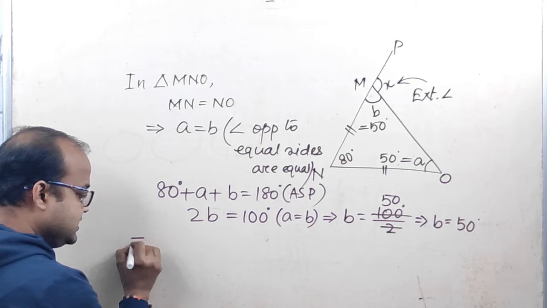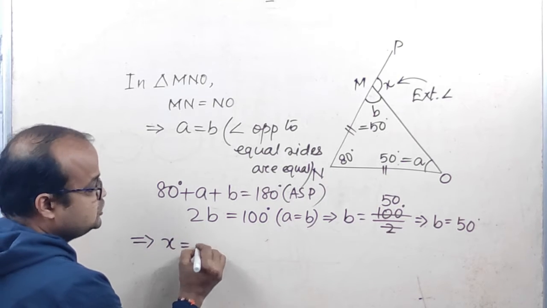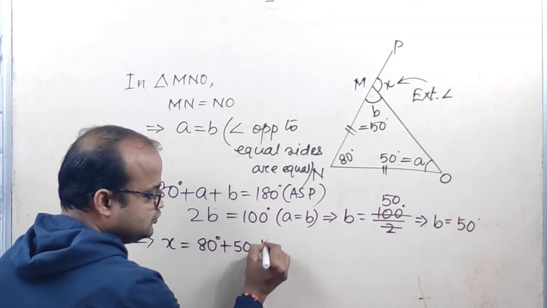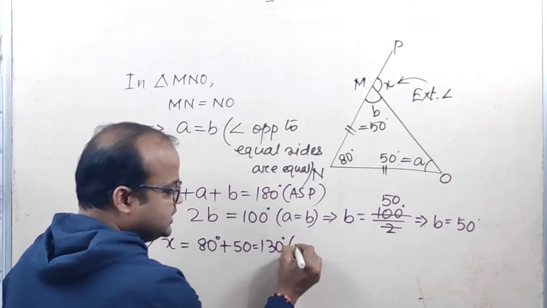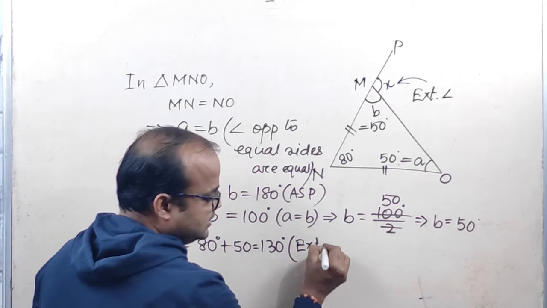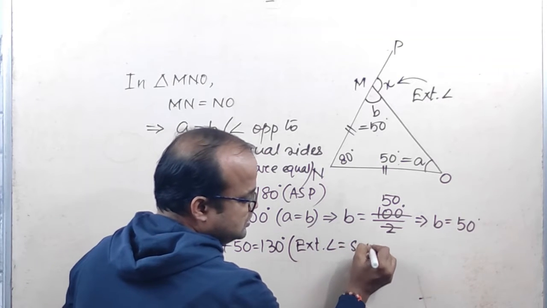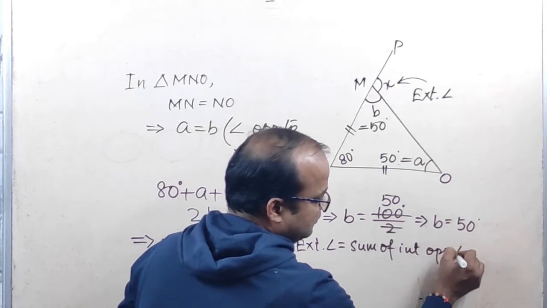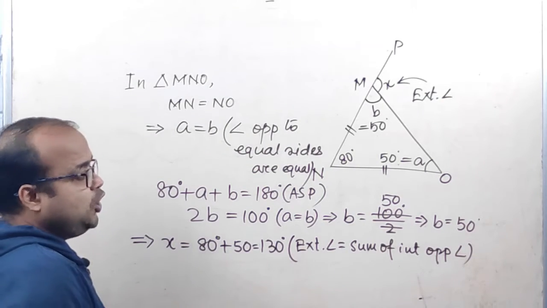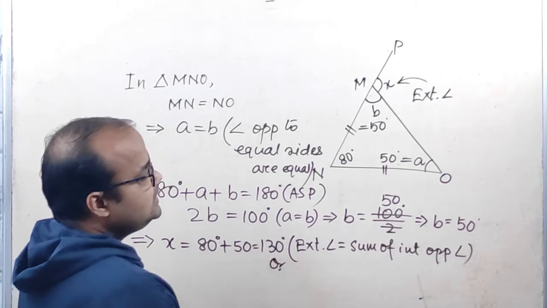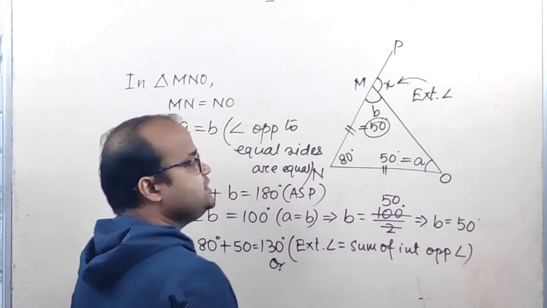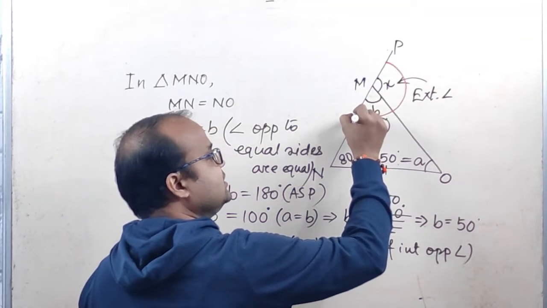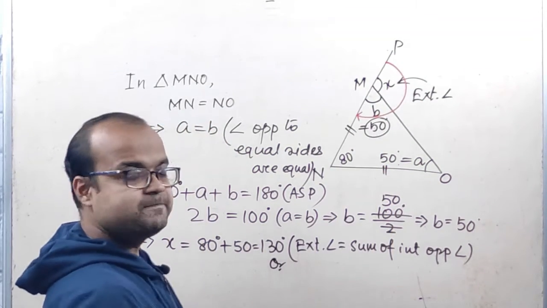So we can say it implies X equals 80 plus 50 equals 130 degree. Reason is external angle is equal to sum of internal opposite angle.